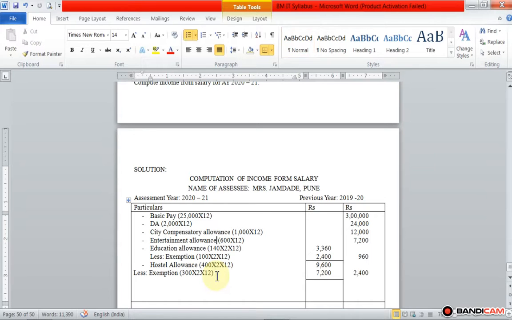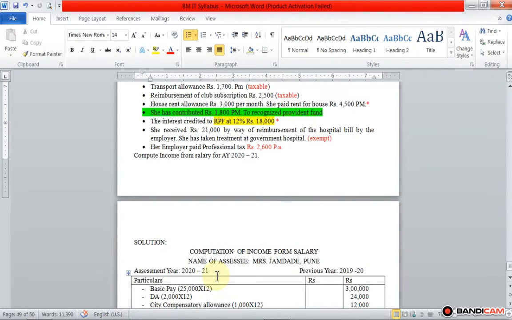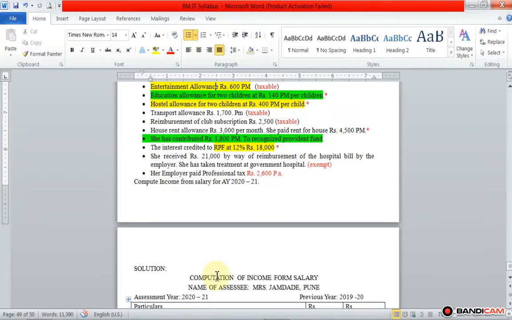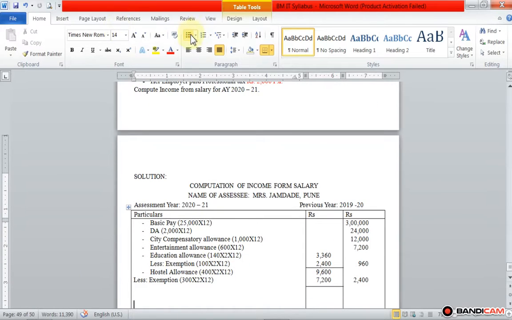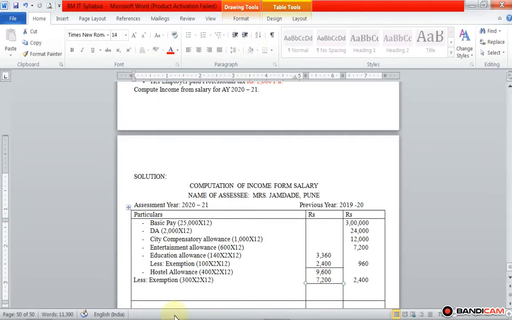Then the next item is reimbursement of club subscription. It is a taxable perquisite.